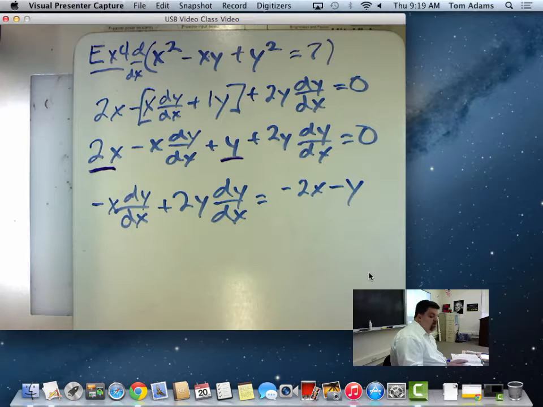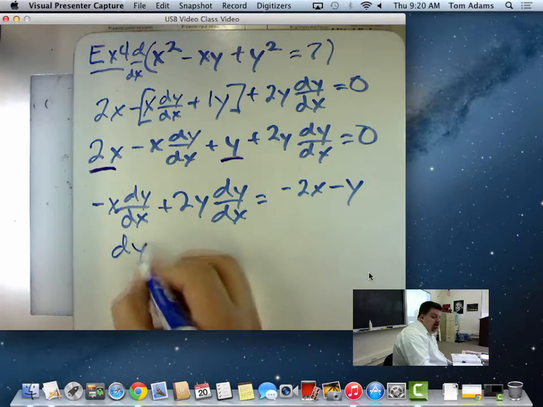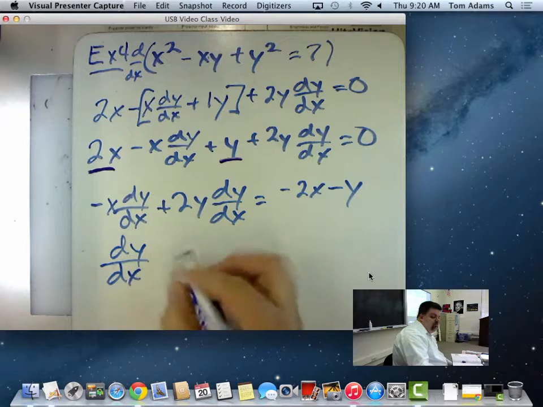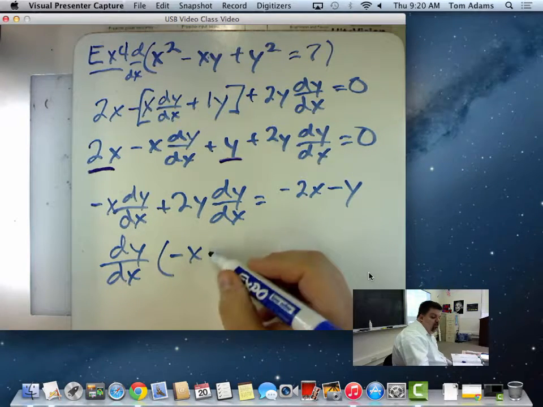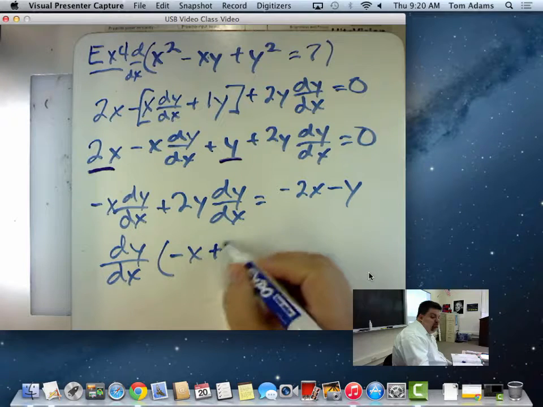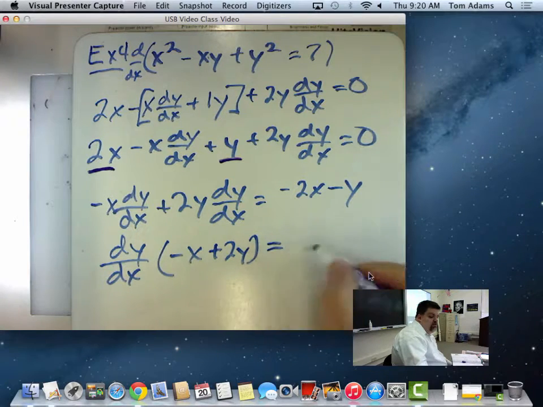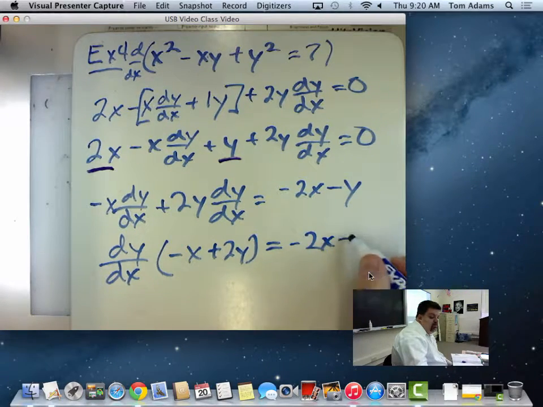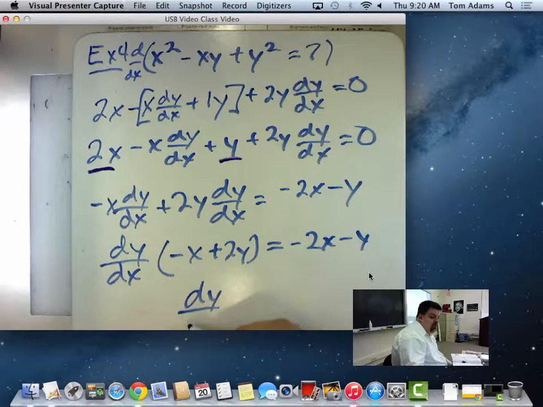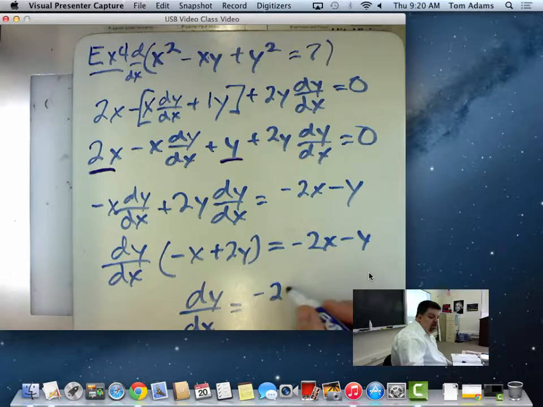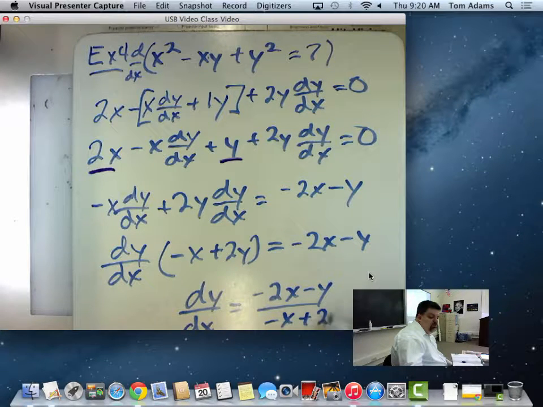Okay, you guys with me so far? Yes. Now I'm going to factor out dy dx, and you're going to multiply by negative x plus 2y equals negative 2x minus y. And so when I divide both sides by that quantity, I get negative 2x minus y all over negative x plus 2y.